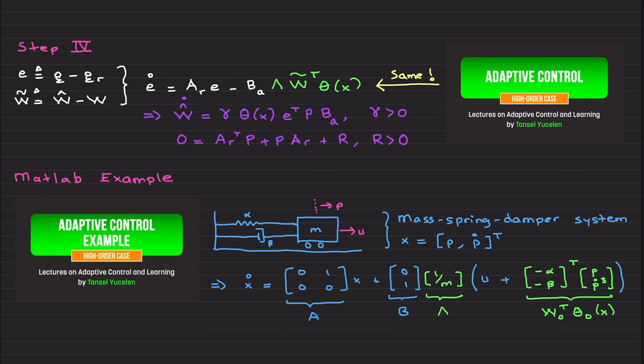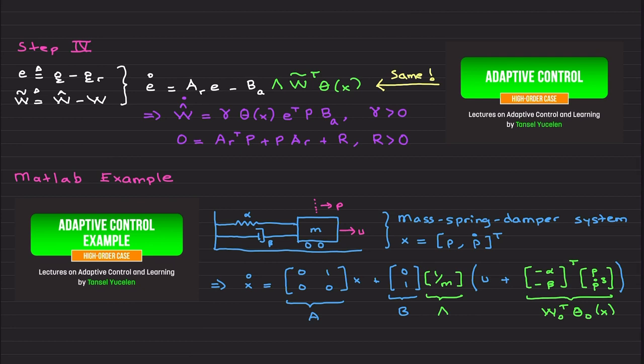In this case, state space matrices A and B have this empty looking form. Mass appears in the control effectiveness uncertainty, and alpha and beta appear in this W0 transpose theta 0, and it depends on velocity, I assume. For simulation purposes, this is p dot to the power of 3 proportional.